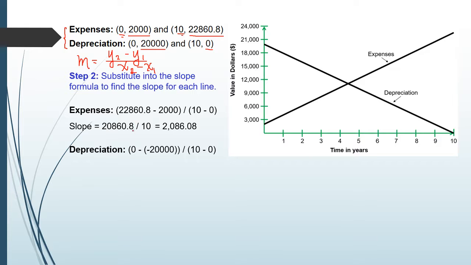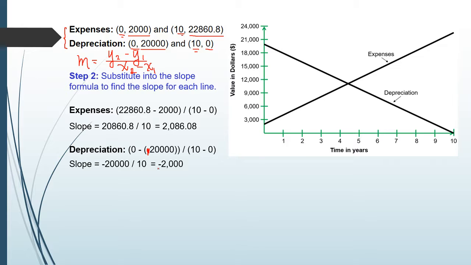I meant to write 20,000, not negative, I apologize. Divided by 10 minus 0, same thing, giving us depreciation of negative 20,000 over 10. So the slope of depreciation is going to be negative 2,000.